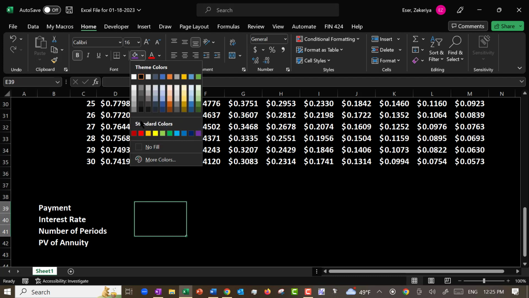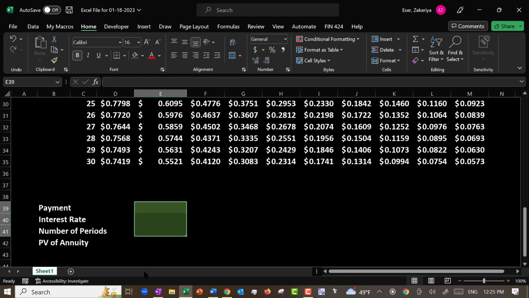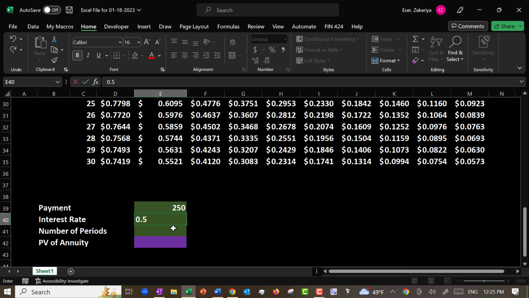These are my inputs, so they're green. That's going to be my outputs. If you're paying $250 every month at 0.5%, which is equivalent to 6% a year, and for 84 months.